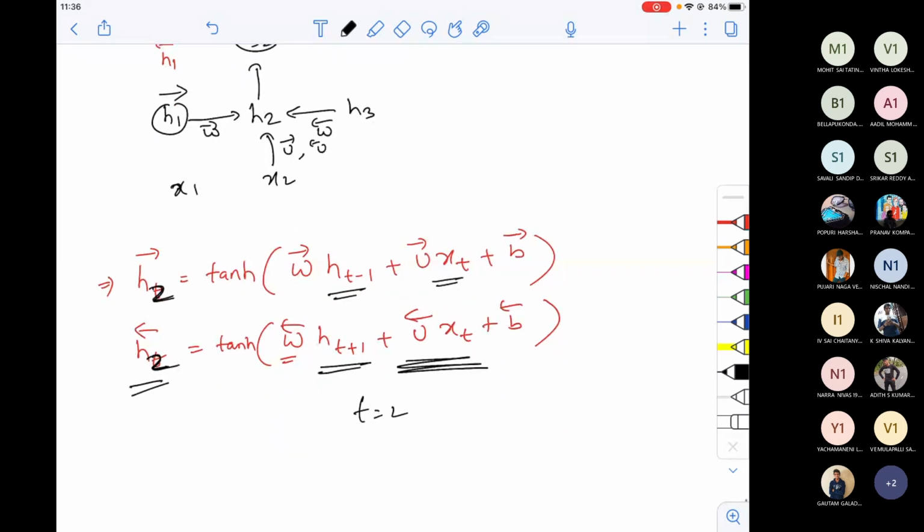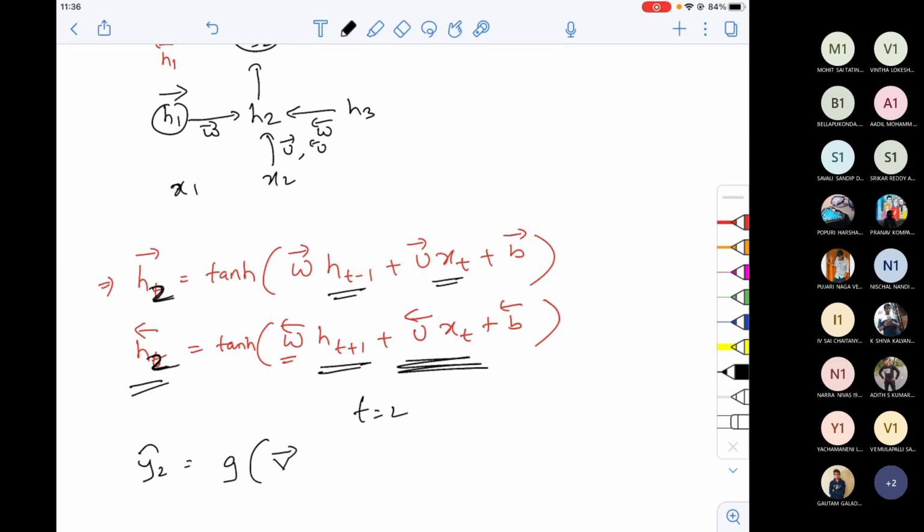So Y2 cap is equal to some function. It can be the softmax function or any other function based on the output type. If it's a regression, you don't require any softmax. If it's not a regression problem, then you require some activation function, it can be sigmoid, it can be softmax.